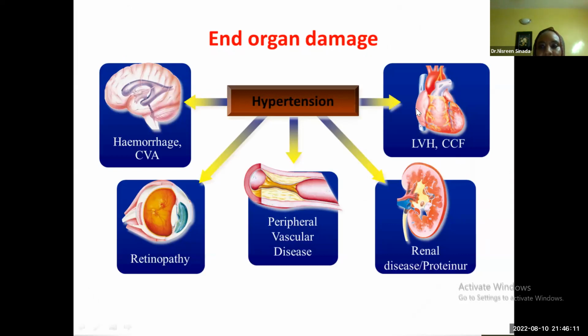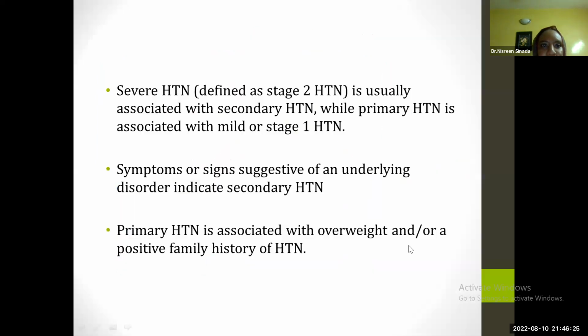This is the end organ damage of hypertension. You see here it affects the heart by left ventricular hypertrophy and congestive cardiac failure, the brain by hemorrhage and CVA, retinopathy in the eye, peripheral vascular disease, and affects the kidney by renal disease and proteinuria. As I said, severe hypertension, defined as stage 2 hypertension, is usually associated with secondary hypertension, while primary hypertension is associated with mild or stage 1 hypertension.